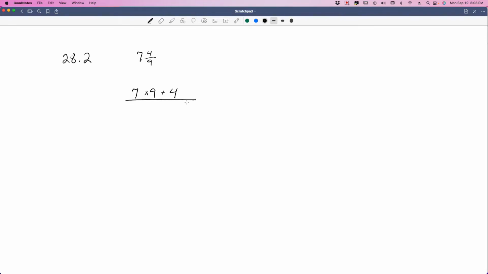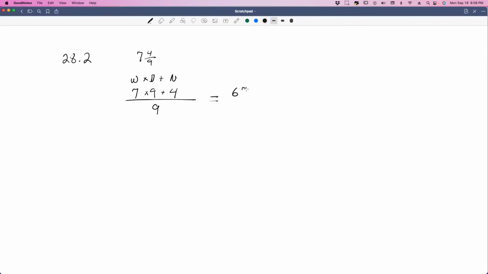That's your whole number times the denominator plus the numerator. So W times D plus N. Okay, the whole number times the denominator plus the numerator. So 7 times 9 is 63, plus 4 is going to give us 67 over 9.